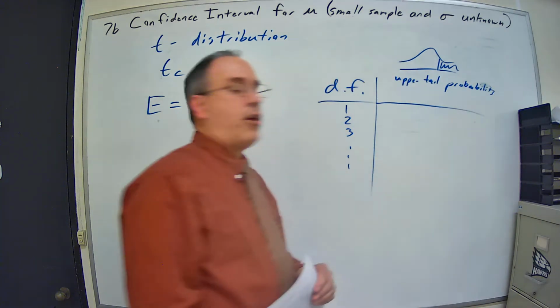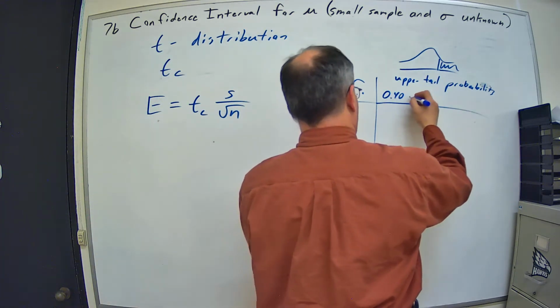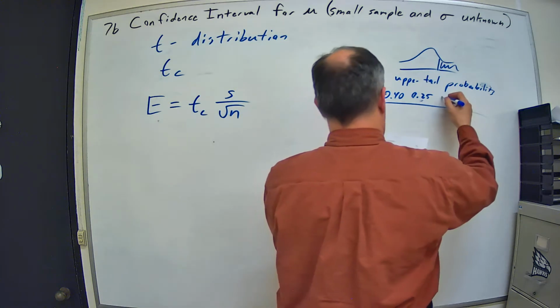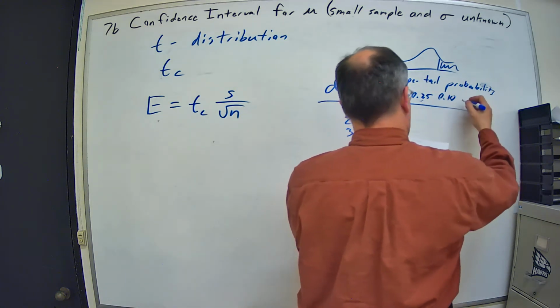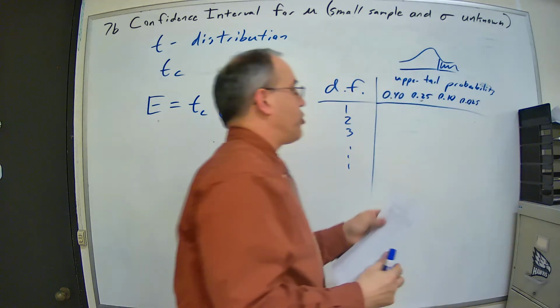It has things like 0.40, 0.25, 0.10, 0.025, etc., etc., 0.01.